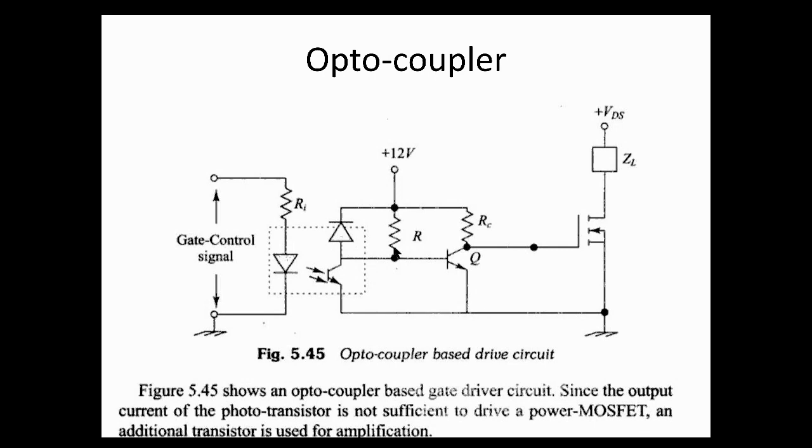So it flows through the phototransistor. And at that point, what is going to happen? So you set as Q, there'll be an output.